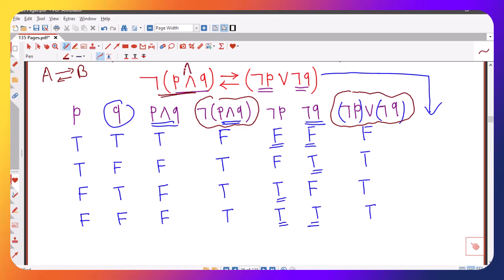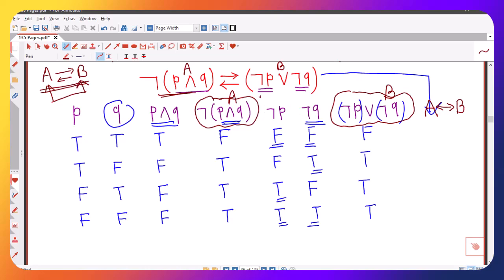Suppose I denote this by capital A and this by capital B, then I want to write down truth values for this biconditional statement A if and only if B. This is our A, this is our B, and we know that this biconditional statement is true if both A and B have identical or same truth values.